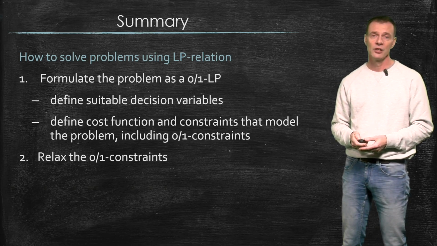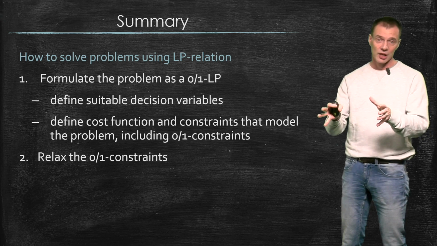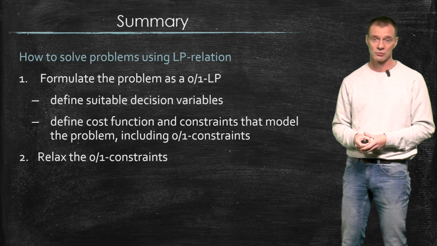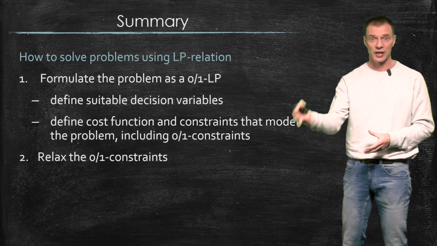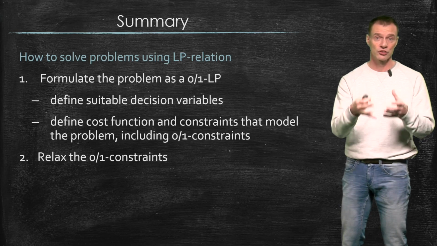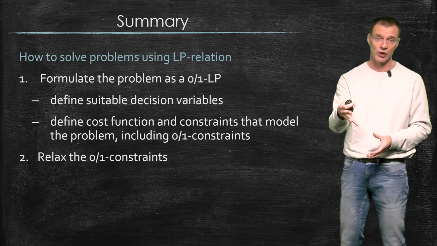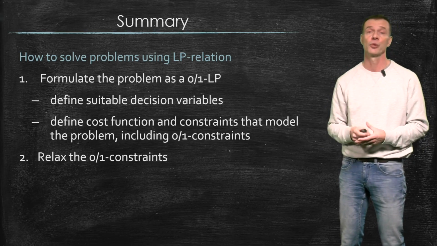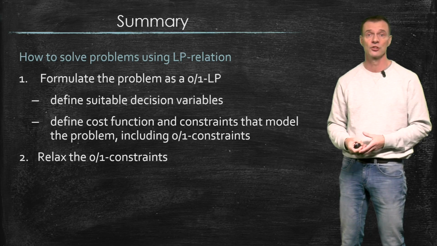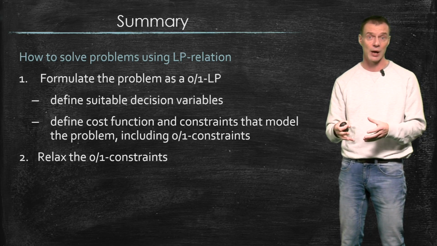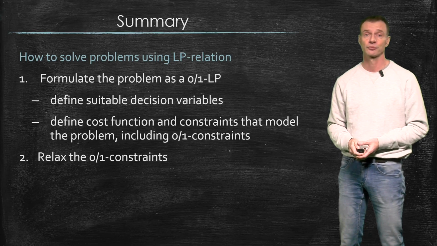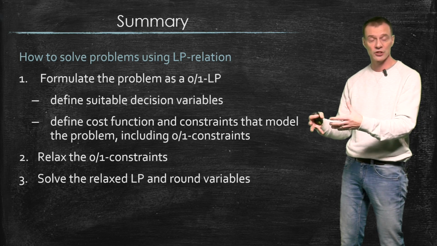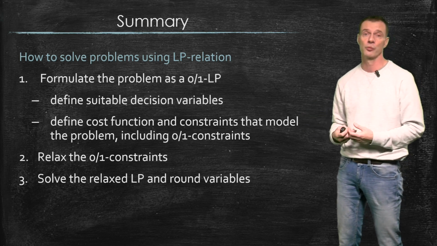Okay? Then typically you should also put 0-1 constraints, because you typically either select something or not. In terms of decision variables, the decision variable is 1 or the decision variable is 0. Well, because a 0-1 LP is slow to solve, you relax that constraint. You say, my decision variables are allowed to be between 0 and 1. Then you write an algorithm which generates this relaxed LP and solves it.